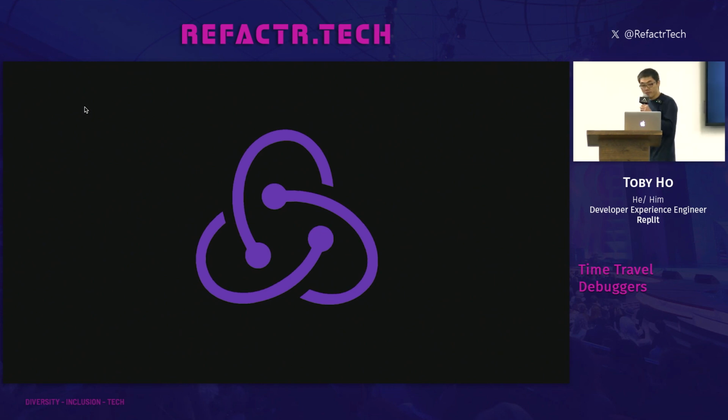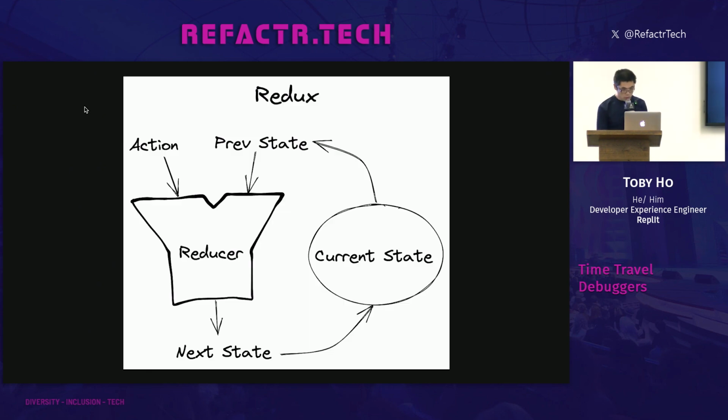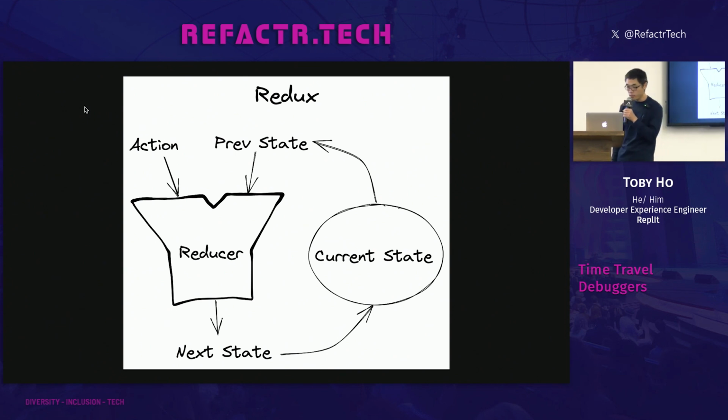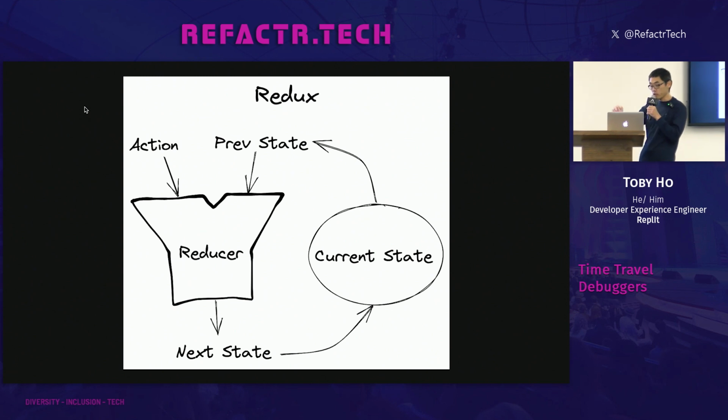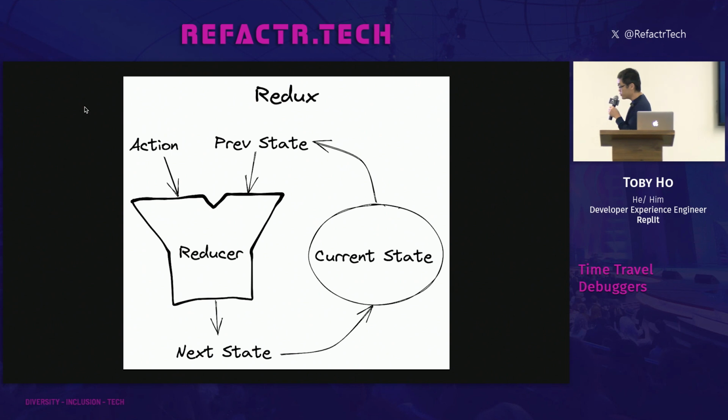Another inspiration of mine is Redux. So this is, as I understand it, how the core of Redux works. The program is going to keep track of some state of the program. We're going to call that the current state. And in order to make any changes to the program, you're going to have to go through this reducer.